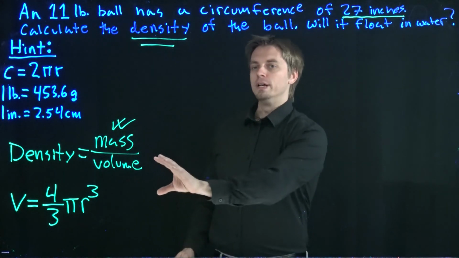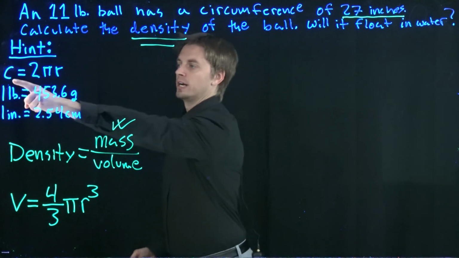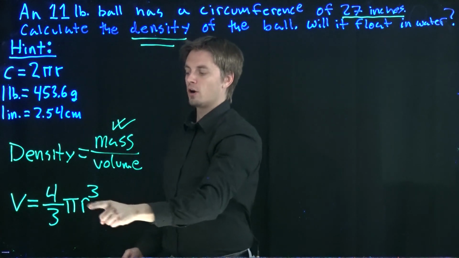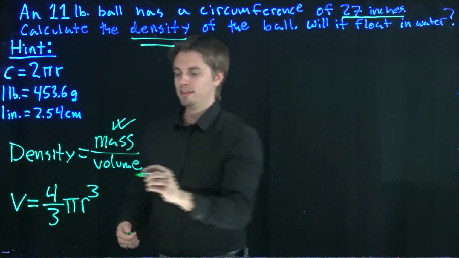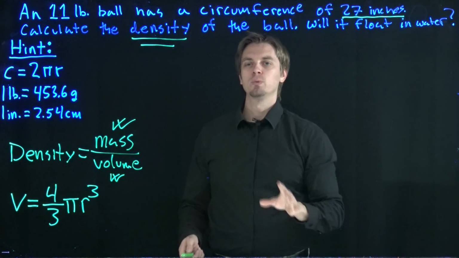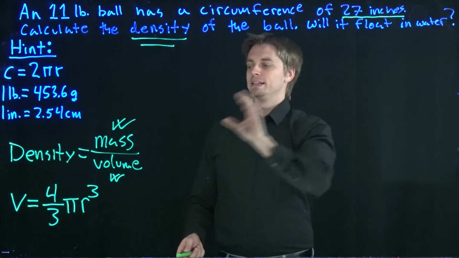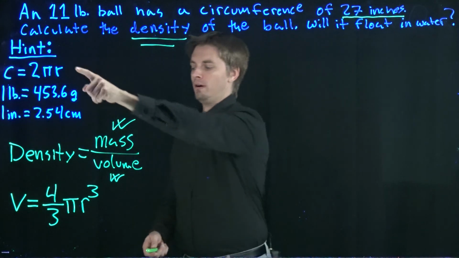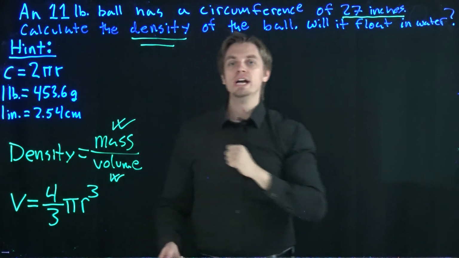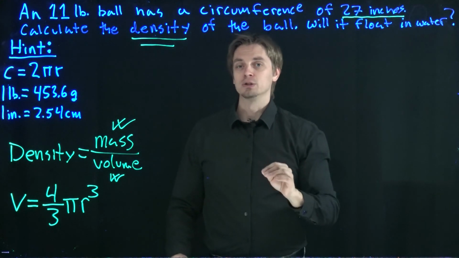So at this point, right, we can use this circumference value, plug it in here, find r, plug in r here, and get a volume, and then plug that into our density formula. So that's sort of the roadmap that we need to follow. Okay? So we've already at this point had to use a total of 1, 2, 3 equations in order to really build our roadmap. Now there's another challenge with this problem.